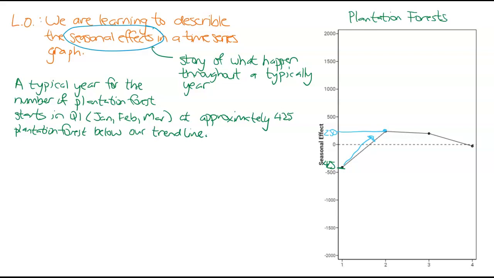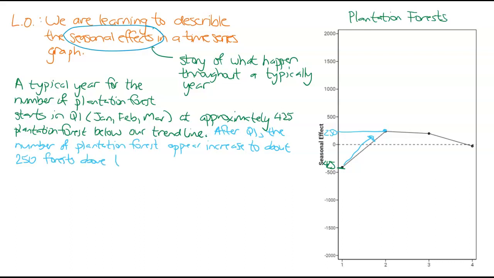So what we're going to say is, after quarter one, the number of plantation forests appears to increase to about, and again, about is the same word as approximately, 250 forests above the trend line.